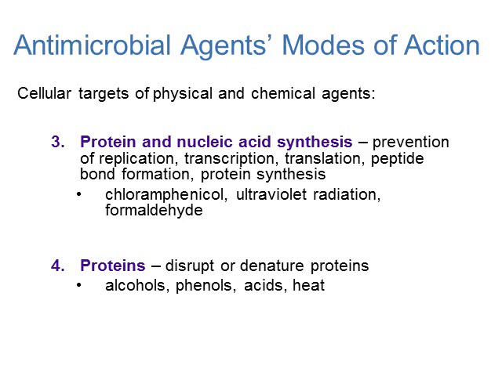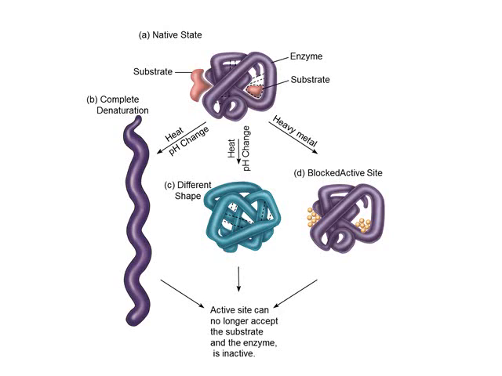If the proteins are created, we can specifically target the proteins, so we can disrupt or denature the proteins, just cause them to break apart so they can no longer work. Things that do this include alcohols, phenolic compounds, acids, and heat. Heat's a really good one for denaturing the proteins. Here's an example of a protein.